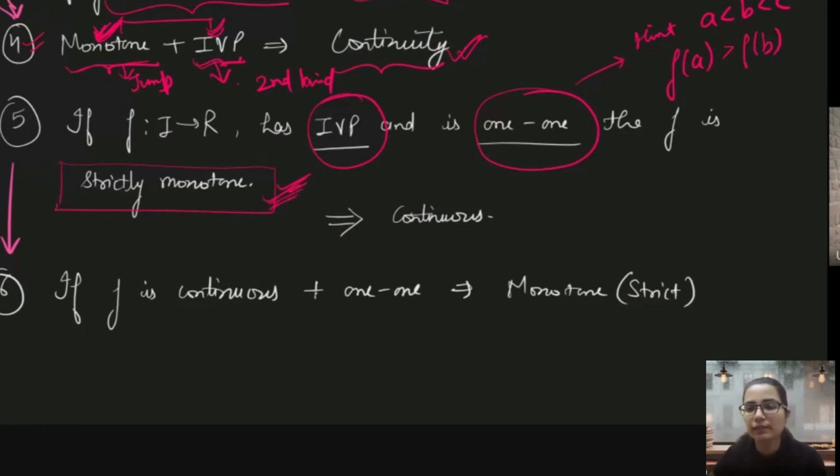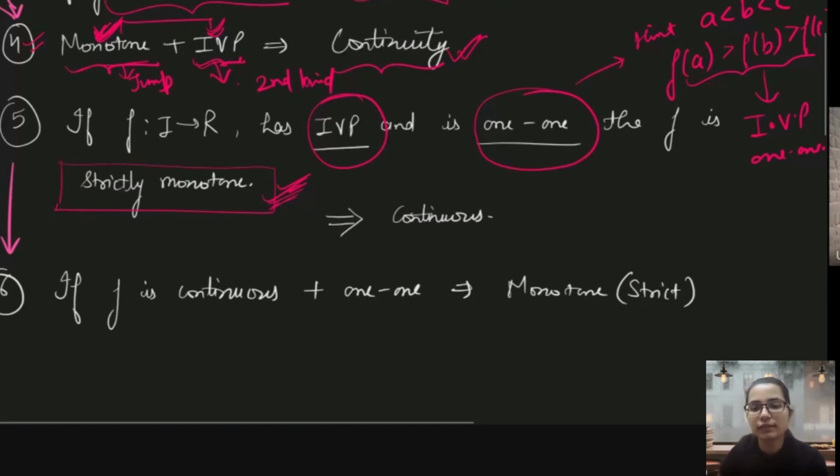You do something like this, and try to come up with some contradiction. You suppose something on the contrary and try to come up with a contradiction by using the intermediate value property and 1-1ness.